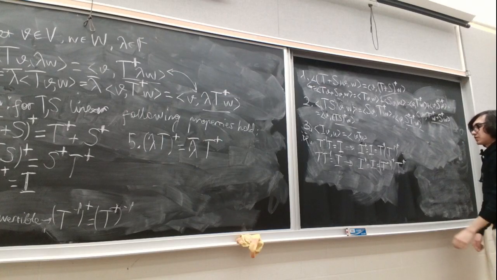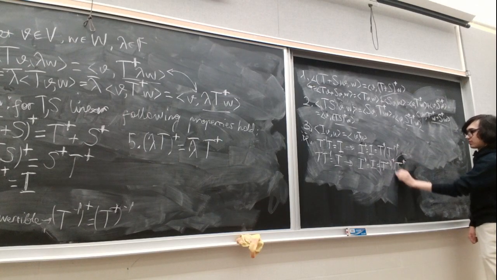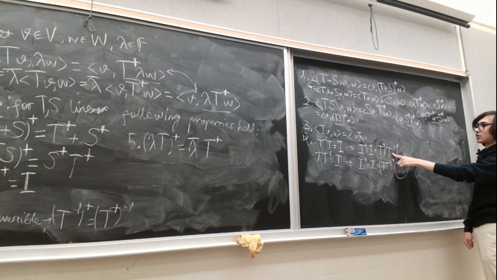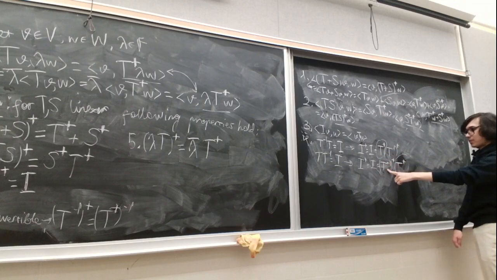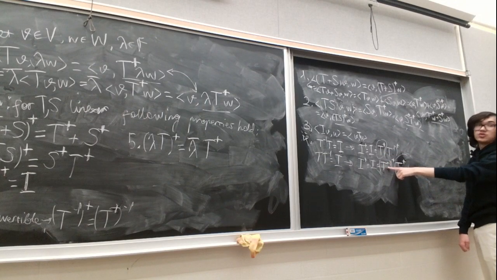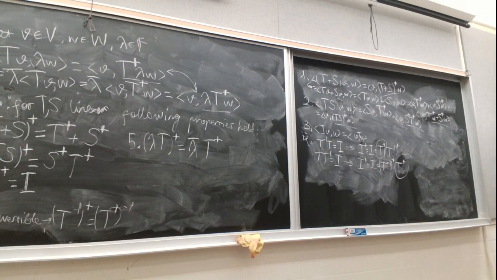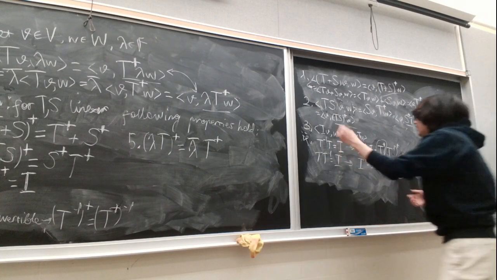So we have T adjoint here and T adjoint here, and then we have the adjoint of T inverse here and also here. And so the adjoint of T inverse is the left and right inverse of T adjoint. Then it is just the inverse. Great.